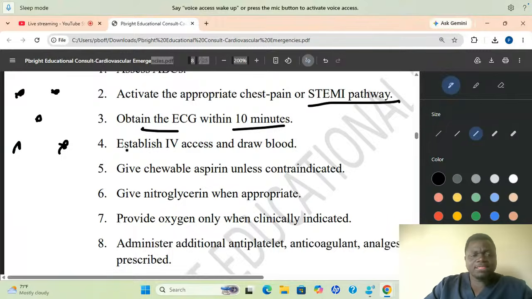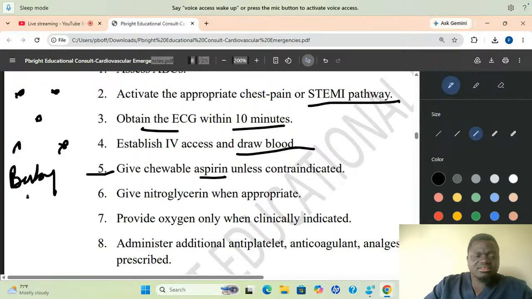Then you establish your IV line, draw your blood, and send it to the lab. You give chewable aspirin, which we call baby aspirin, unless contraindicated in the patient.